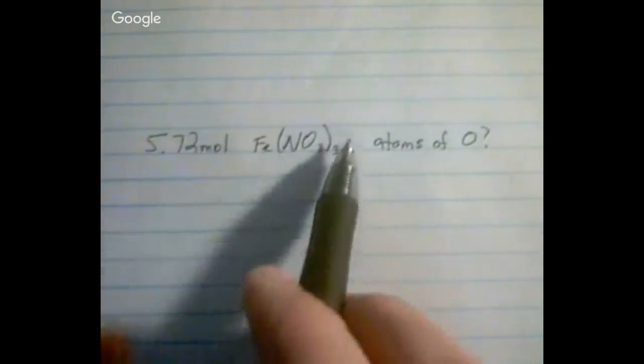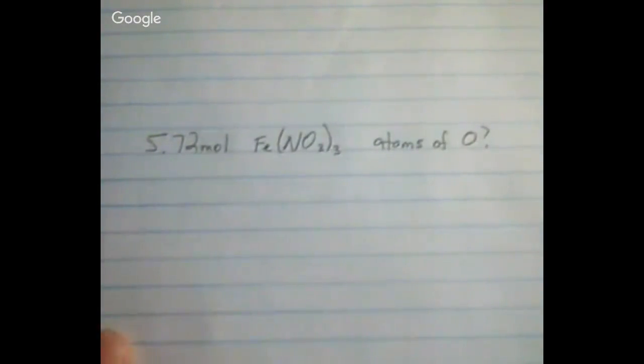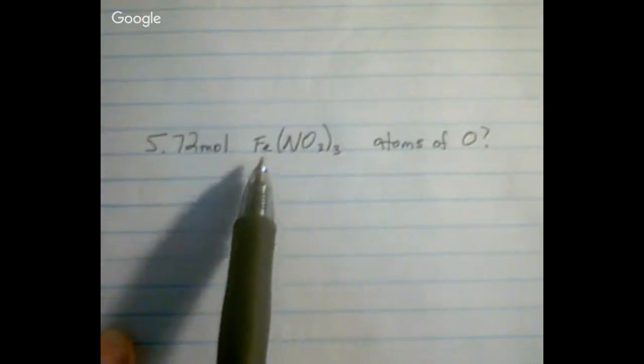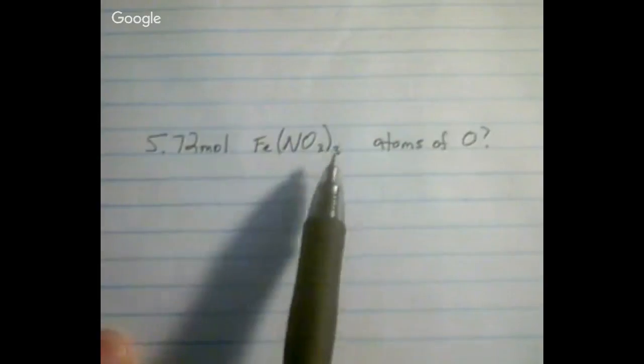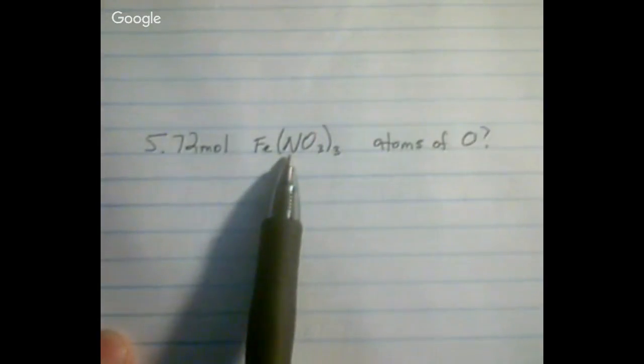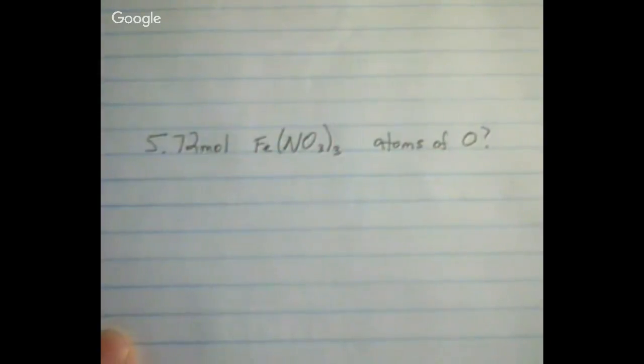Okay, so for every one formula unit, kind of like saying one molecule, but not technically a molecule because it's an ionic compound. If we just had one of these, that'd be one iron, 3 nitrogens, and 3 times 3, 9 oxygens.